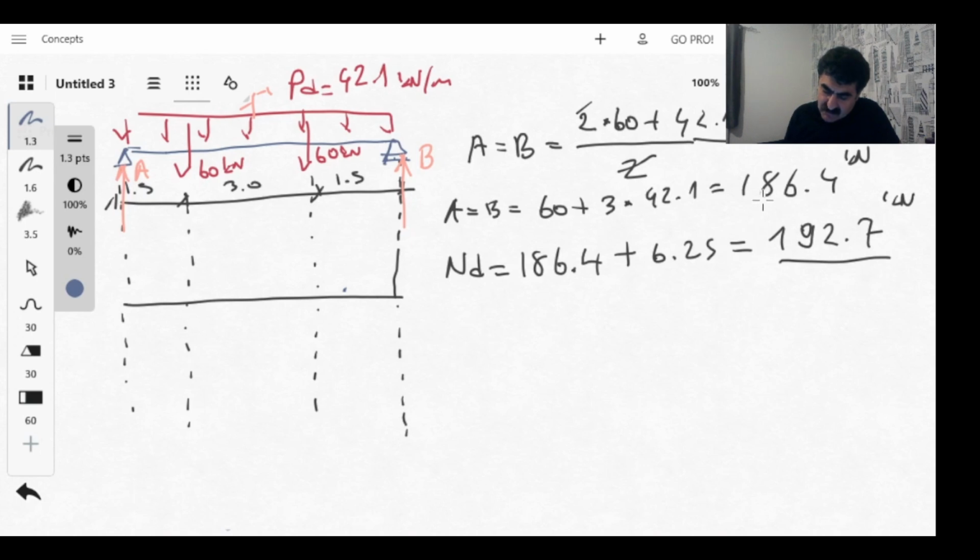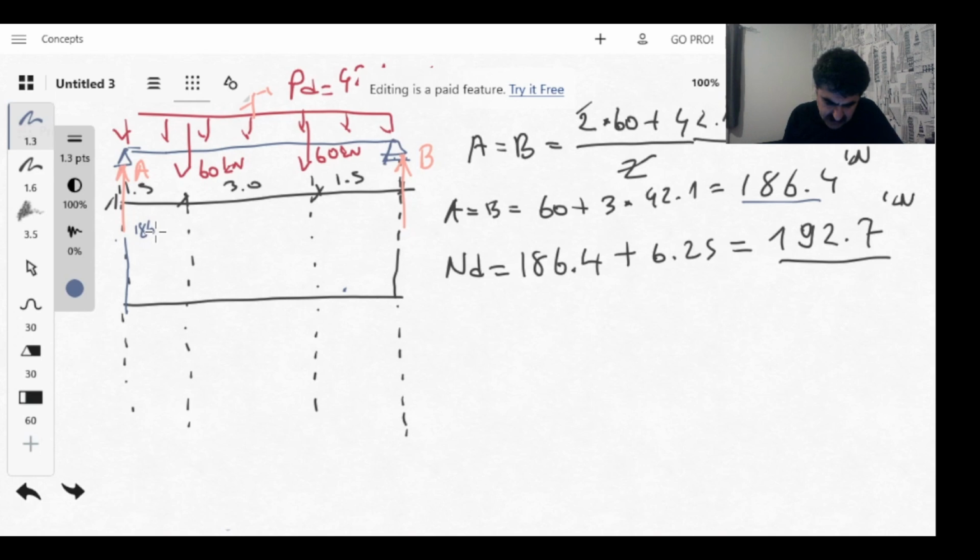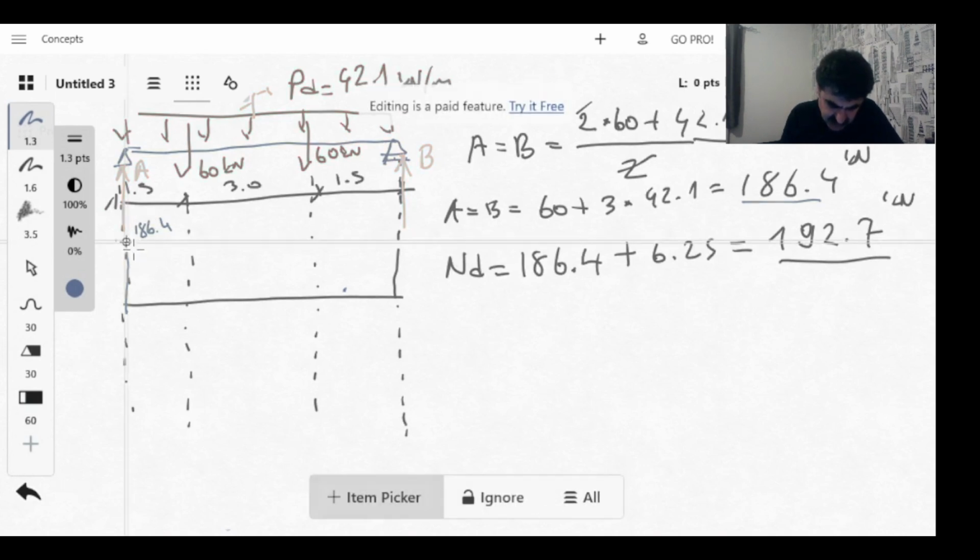It is 186 kilonewton. So the shear force here will be 86.4 kilonewton. So we have this point.